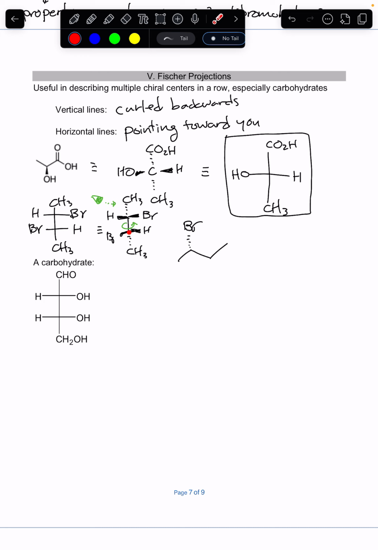The second chiral center, bromine, was coming towards you, but then you rotated this bond around, so now it's going in the back. So this is the same structure, which, depending on which way you're looking at, you might imagine yourself looking at this molecule. You could have drawn it like this as well, but that would have been still the same molecule. Okay, hope that makes sense.